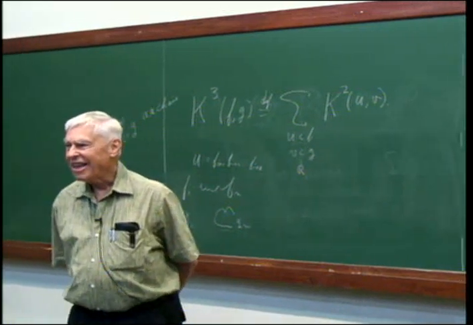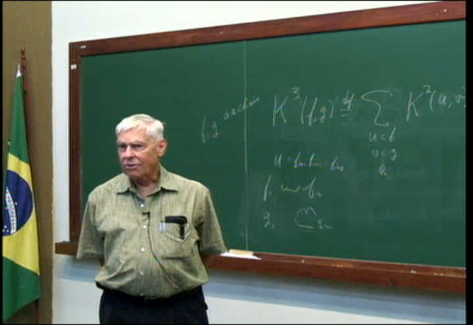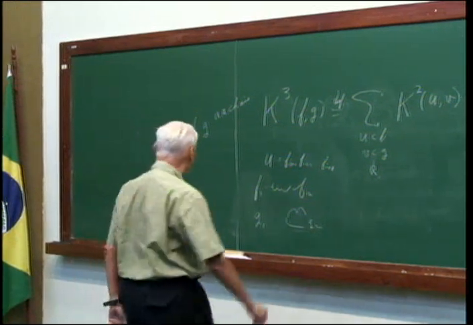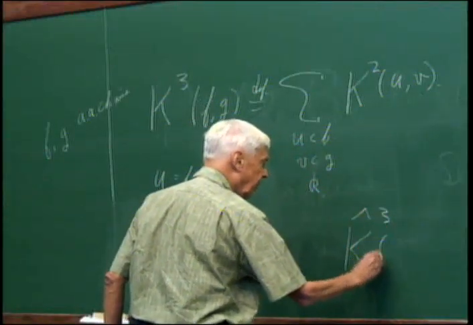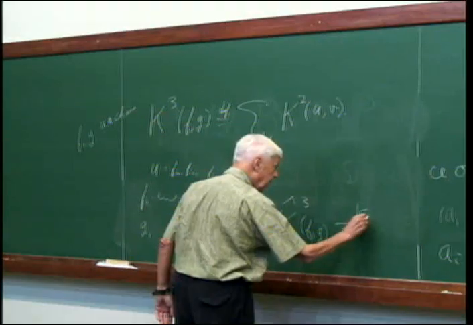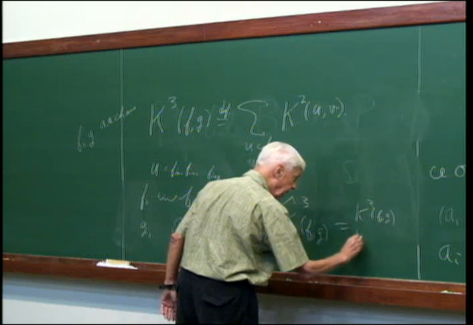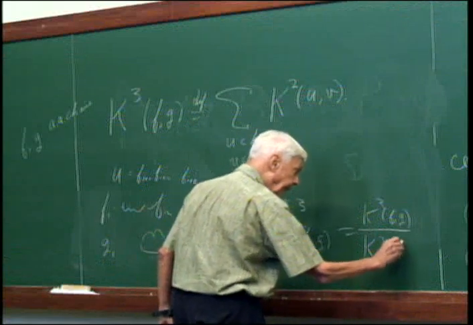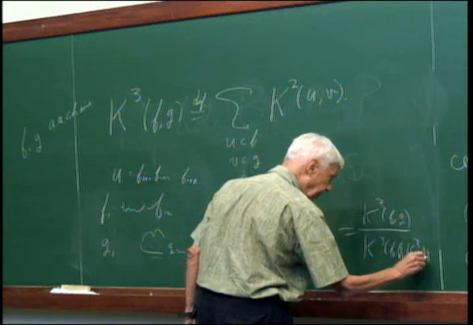Questions on this? So this gives the construction that I've been talking about. This is a construction of our basic kernel. And we can write, as usual, K hat 3 of F and G. We just have K3 of FG divided by the square root of K3 of FF times K3 of GG.